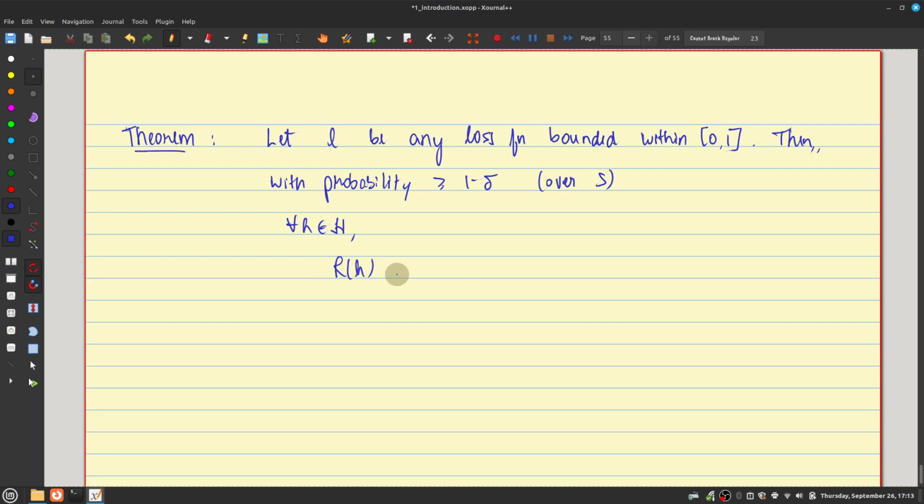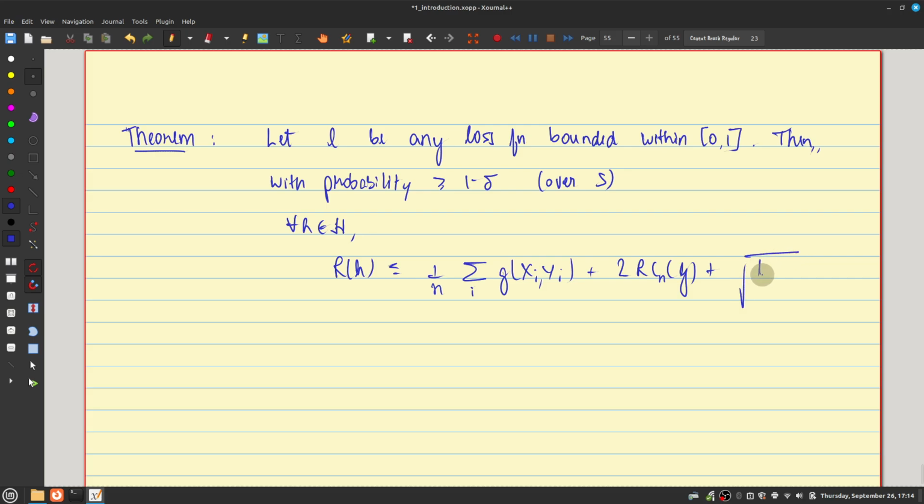The generalization error for all h is going to be in some sense close to the empirical risk. So this is nothing but the empirical risk plus a term which is just 2 times the Rademacher complexity of G plus square root of log 1 over delta divided by 2n.